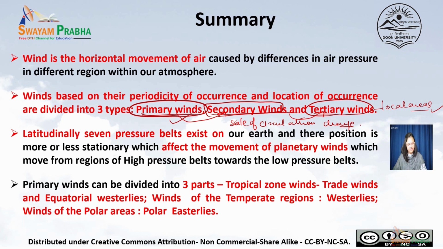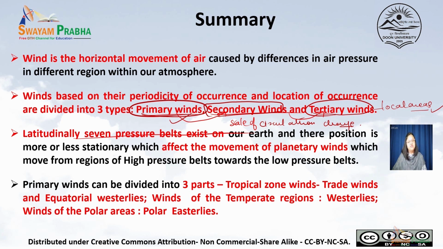So when we discuss the planetary wind systems, we have to first understand that their circulation depends upon the existence of high pressure belts and low pressure belts which exist latitudinally on our Earth. So latitudinally, we have 7 pressure belts which exist on our Earth and their position is more or less stationary, which affect the movement of planetary winds.